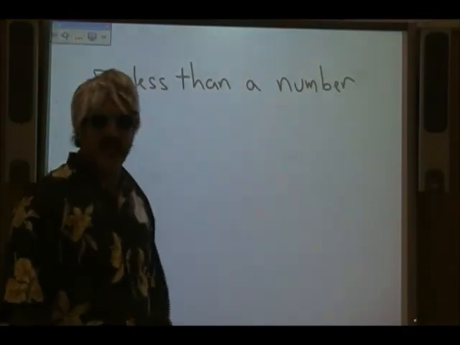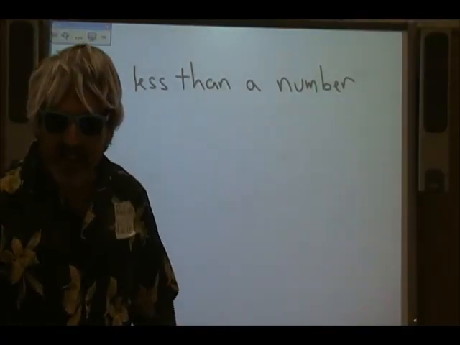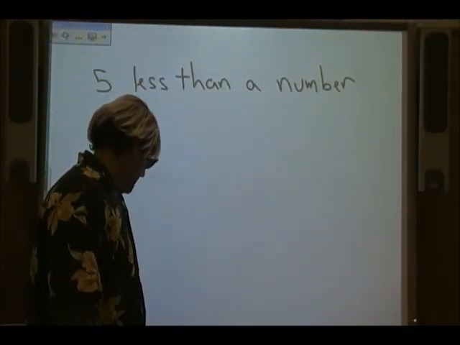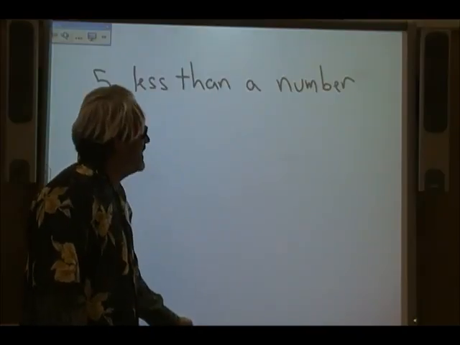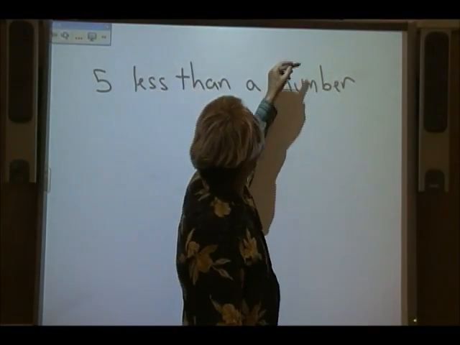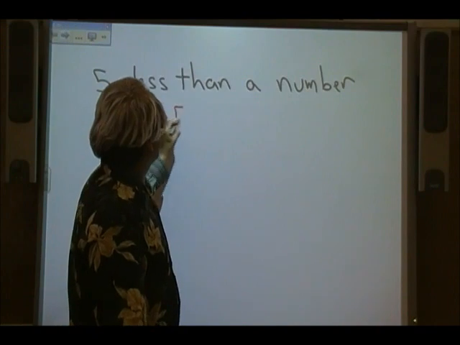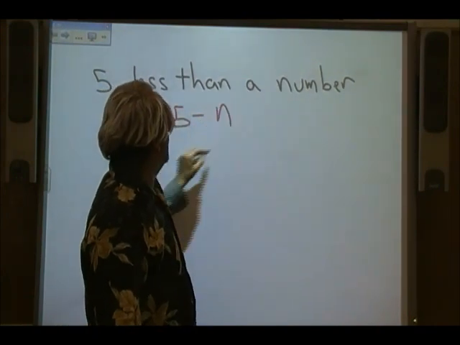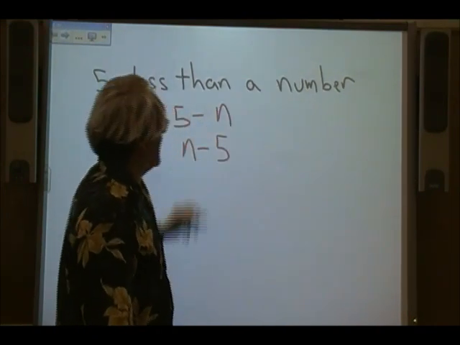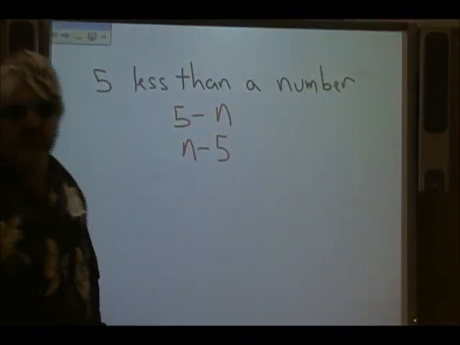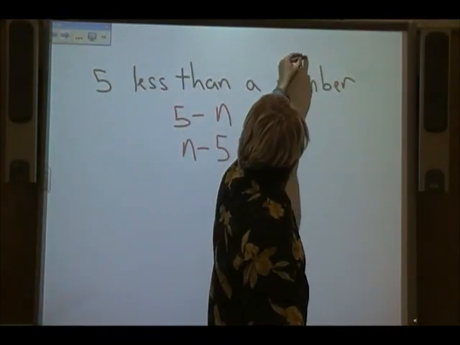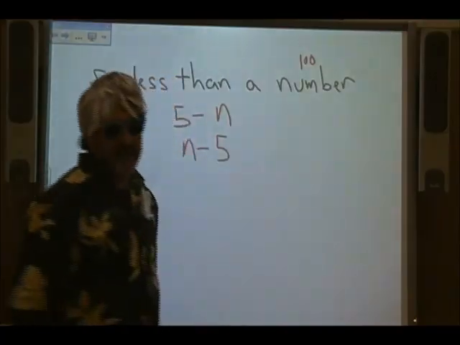Let's look at this next one. 5 less than a number. Well, what can we do? If you get confused, because some people go, is it 5 minus n or n minus 5? Well, all you have to do is put in a number to help you think about it. 5 less than 100.